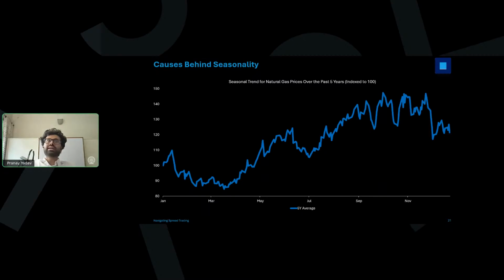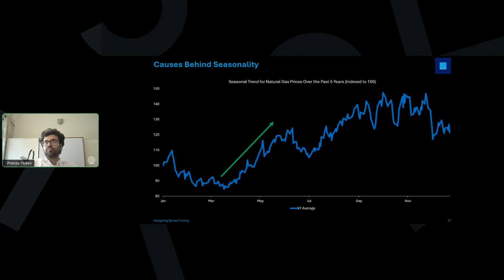And this is all indexed to the start of the year, which means at the start of the year, it's all starting at 100. If prices rise, the index rises from 100 to 110. If prices fall, the index falls below 100, right? So it's all indexed to the start of the year, and I've averaged it out over the past 5 years. That's giving us a pretty repeatable trend, and it's repeatable for a reason.